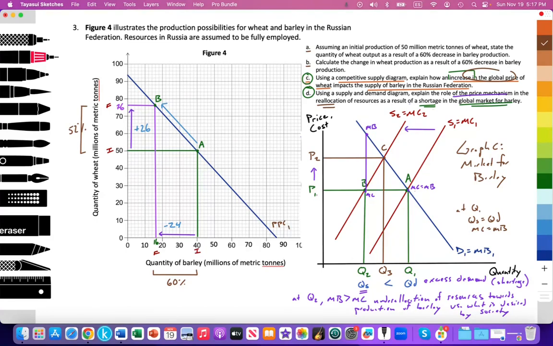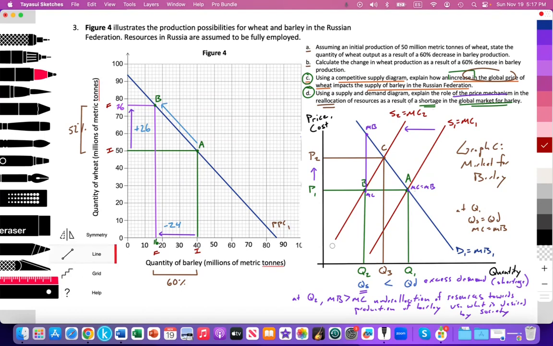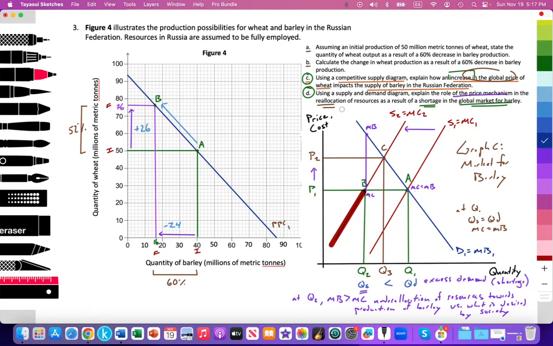And we're going to hold price constant in the short run at P1. At a price of P1, the quantity of supply will follow the supply curve up to point B, while the quantity of demand at P1 follows the demand curve all the way to Q1. So we see there's a disequilibrium there.